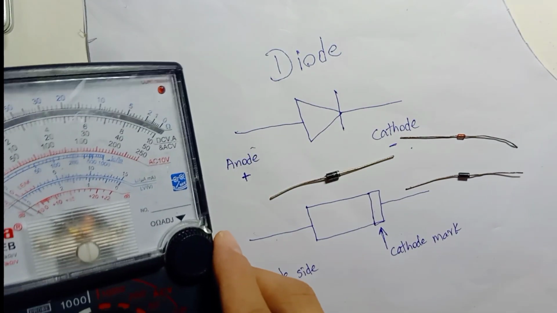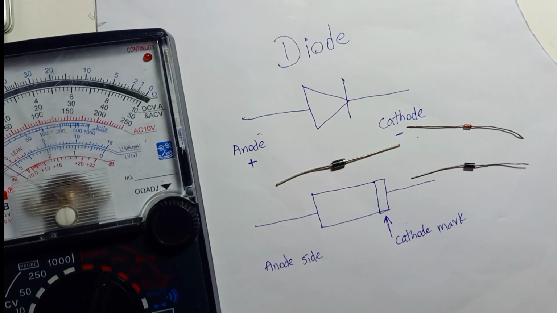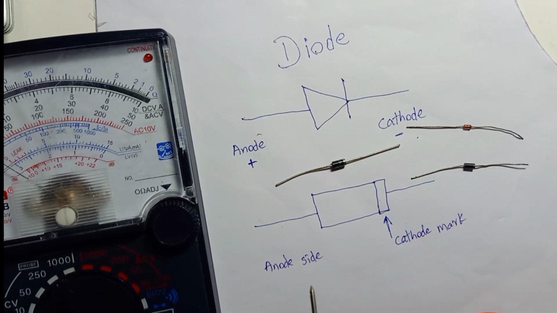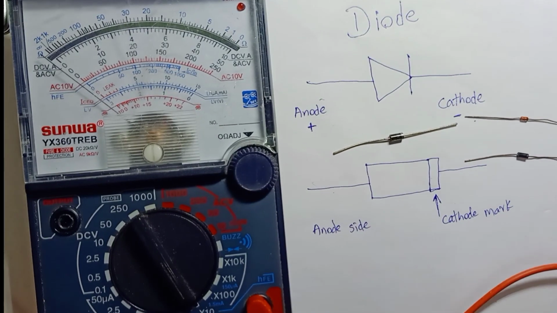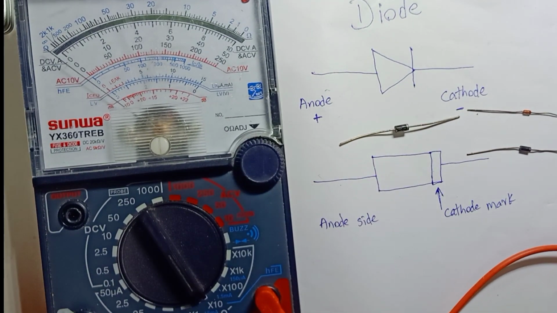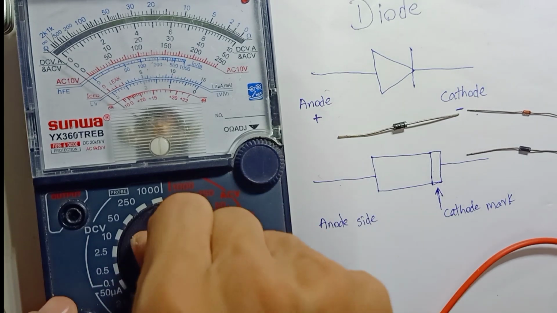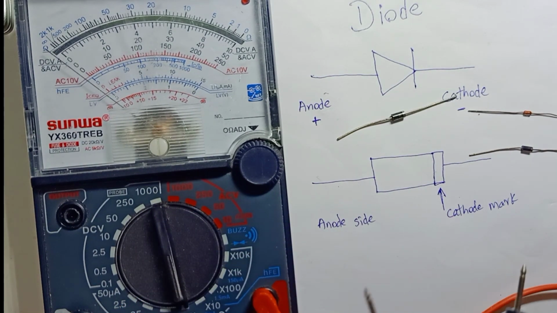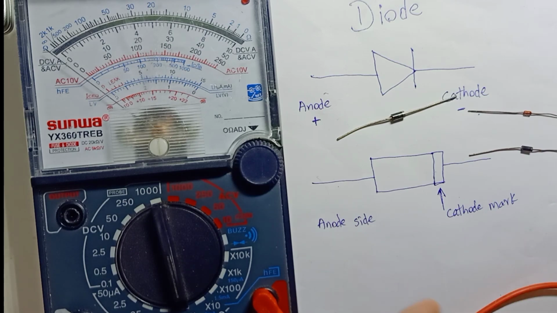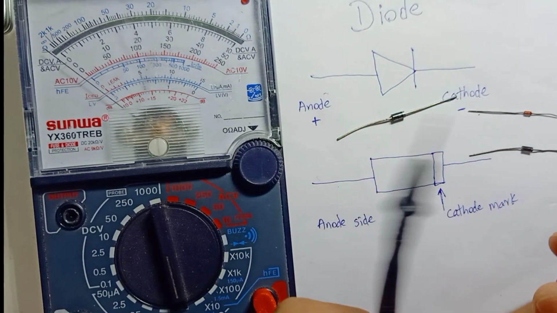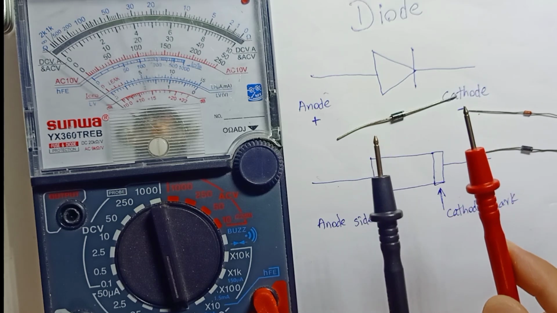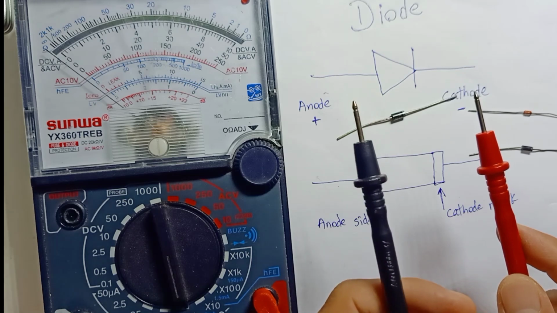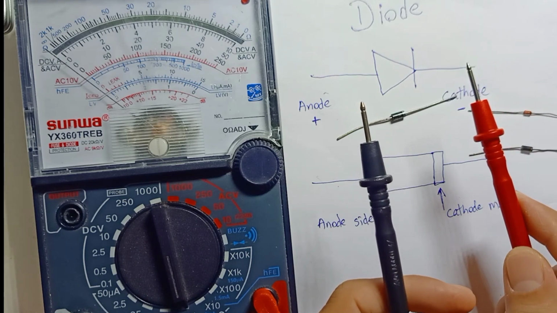If you use an analog multimeter, you can select continuity here. The difference between the analog and digital multimeter is that for the analog multimeter, the black lead is the anode and the red lead is the cathode.